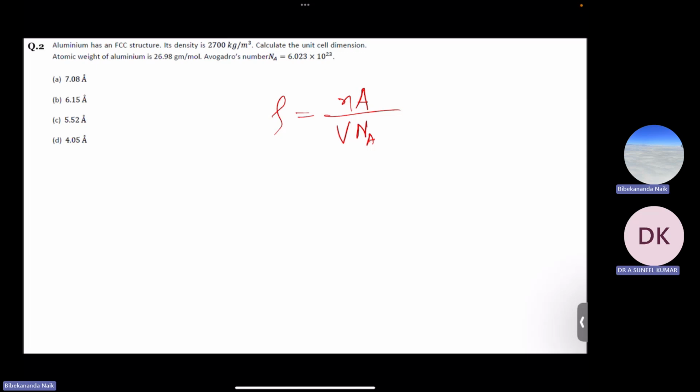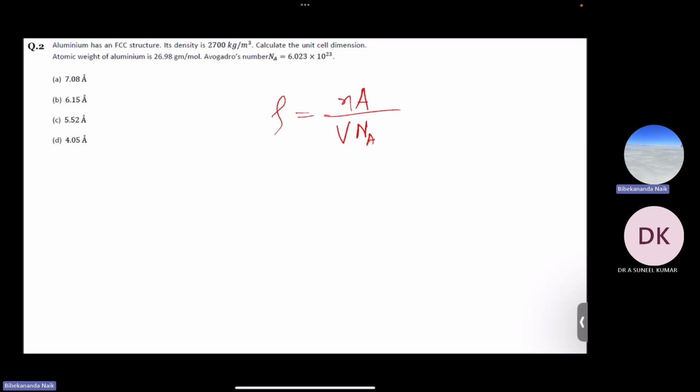I took V as the unit cell dimension. What value of n did you take? n is equal to 4 for FCC structure. Yes, n will be 4 for FCC structure.